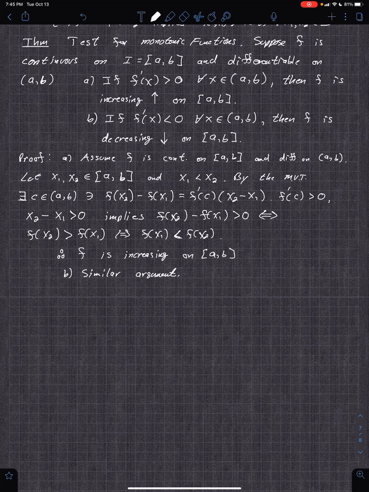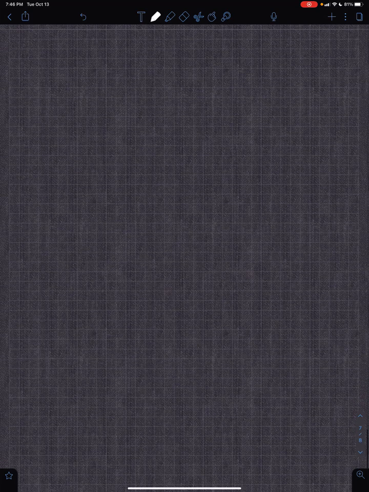Okay. Now let's look at an example. Basically showing something's increasing or decreasing. So the first example is find where f is increasing or decreasing.